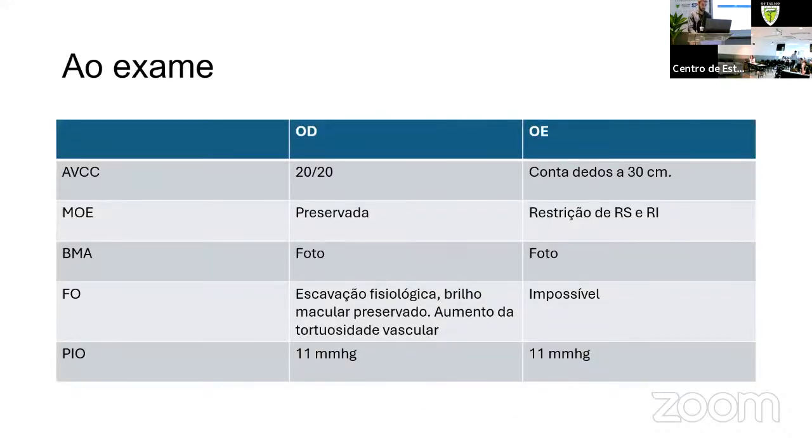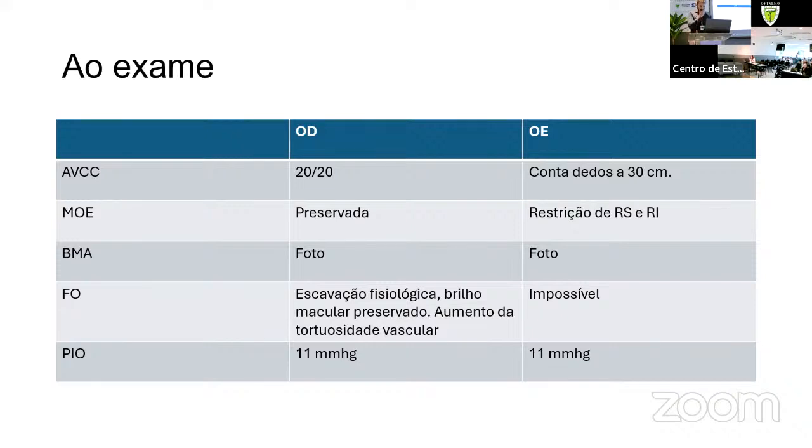On the day she presented to us, her examination showed best corrected visual acuity in the right eye 20/20. In the left eye it was just counting fingers. The movement of her left eye showed a restriction of the superior rectus and inferior rectus.